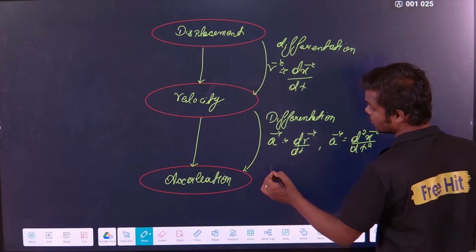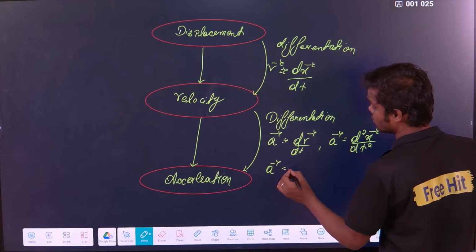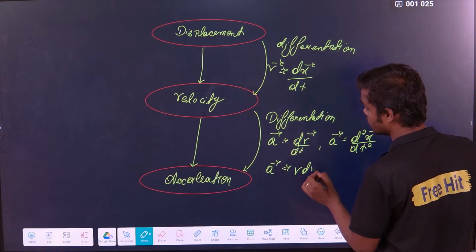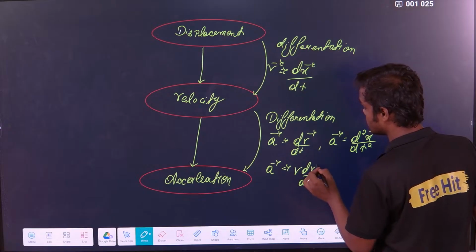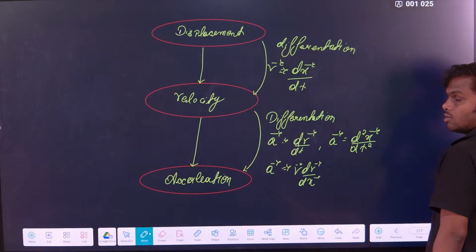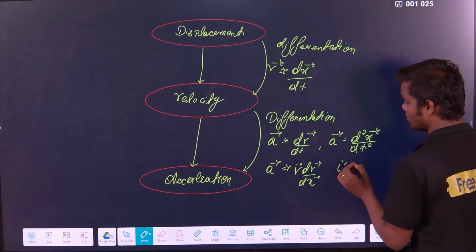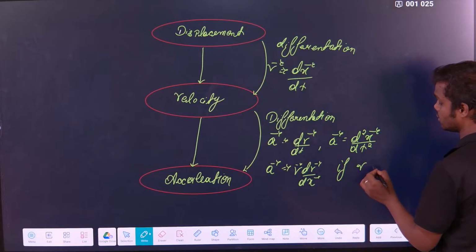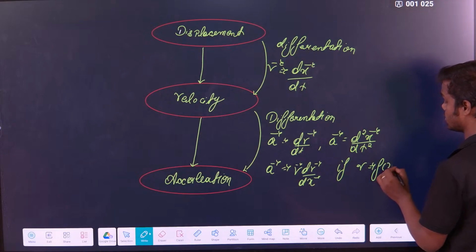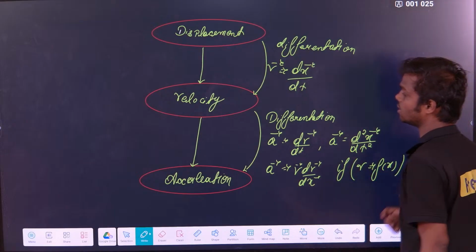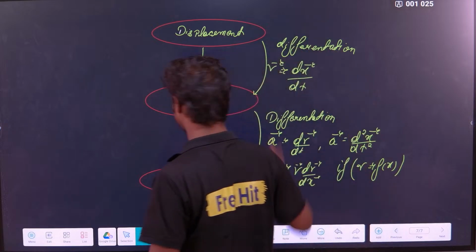And third case, acceleration will be equal to v dv by dx. This formula we use when v is a function of x. So that is the conversion from here to here.